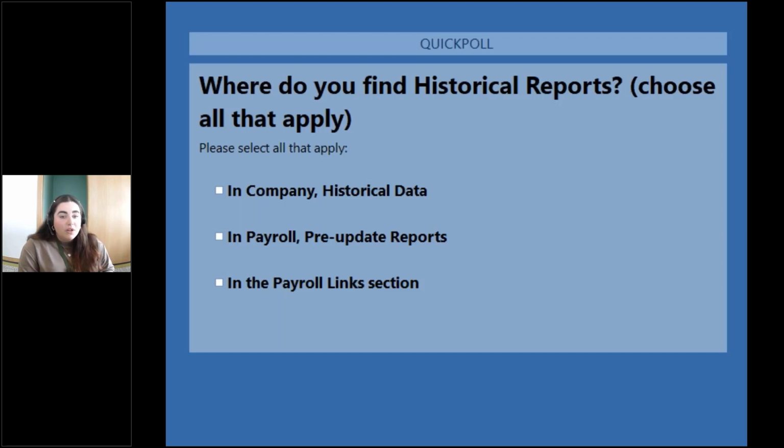Is it in payroll pre-update reports? Or is it in payroll link section? So company historical data seems to be the most popular at the moment, but we'll see how that goes. And I'll share the results with you afterwards as well. So this is question 1. Where do you find historical reports?